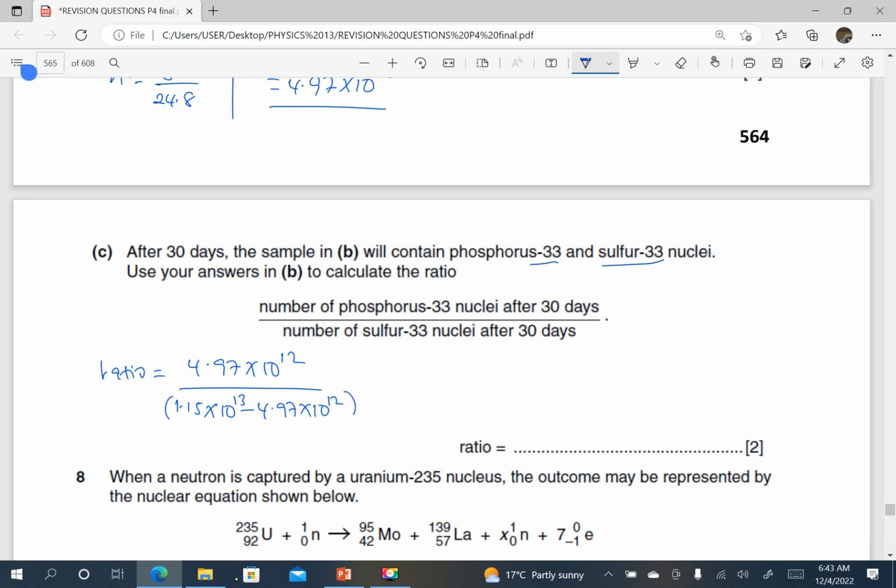So it means phosphorus is emitting sulfur. The number of phosphorus nuclei which have disintegrated is equal to the number of sulfur nuclei which are present after 30 days. So we just subtract and divide from my calculator.